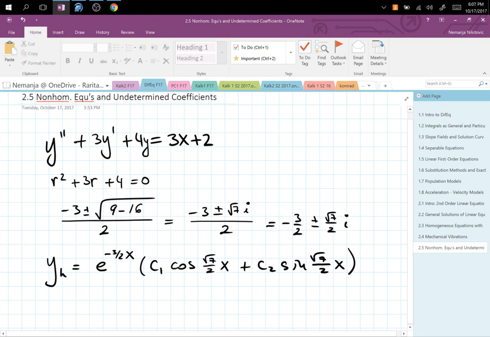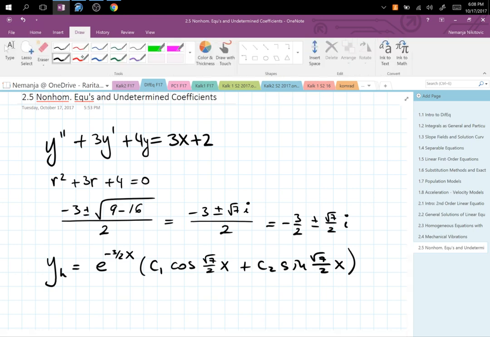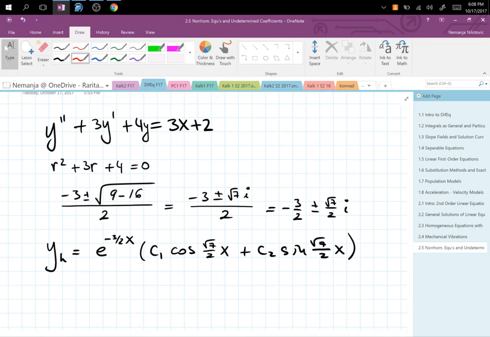We have to find the particular part now. And for the particular part, we are going to use the method of undetermined coefficients to get the rest of the solution. We are still working the same problem.